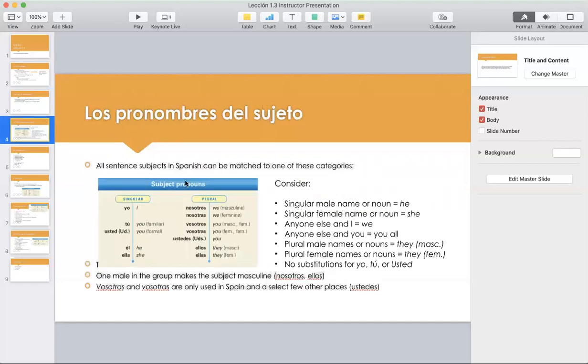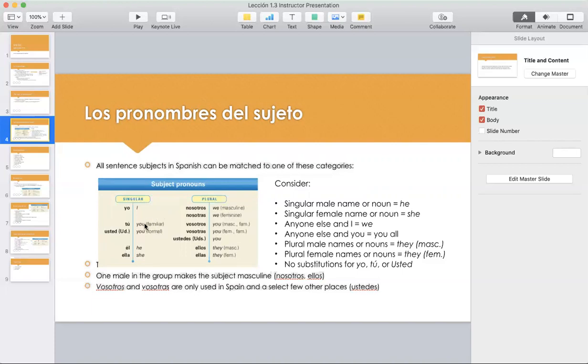So let's go ahead and look at this chart and learn which ones are these subject pronouns. Here they're divided into singular and plural, okay? And then we also have feminine and masculine, and the same thing for the plural versions.